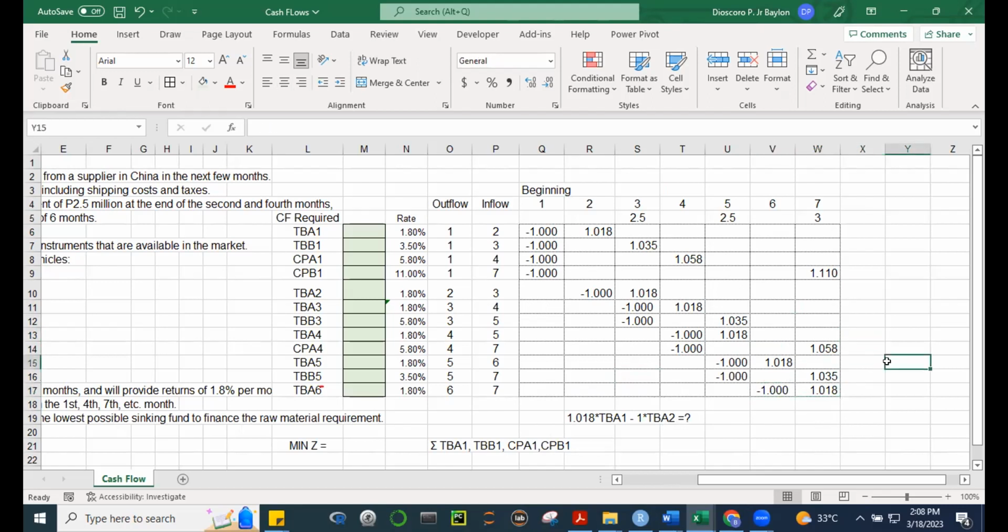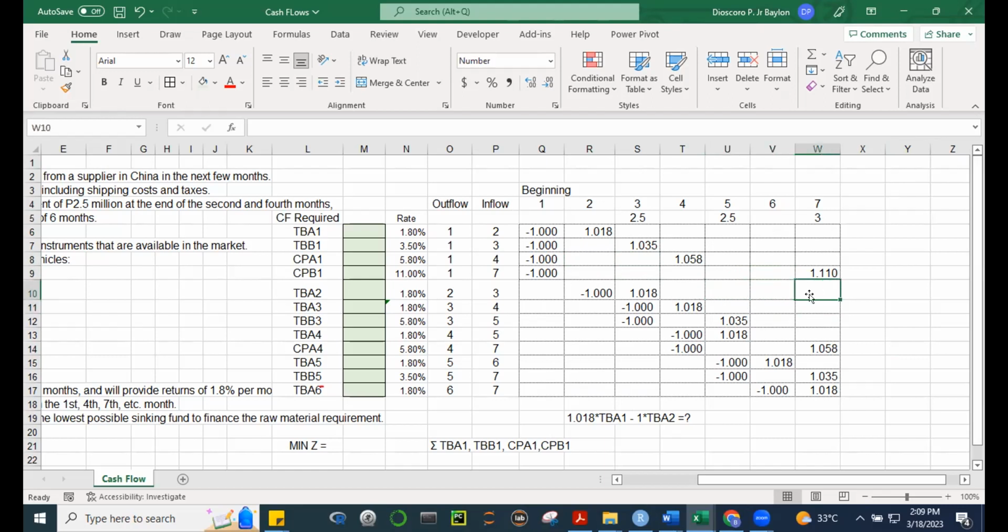All right. So all the negatives here will be the outflows. All the positives here will be the inflows. Now there are blank cells. There are blank cells which can either mean that the investment has not yet been done or the investment has already matured. Okay?